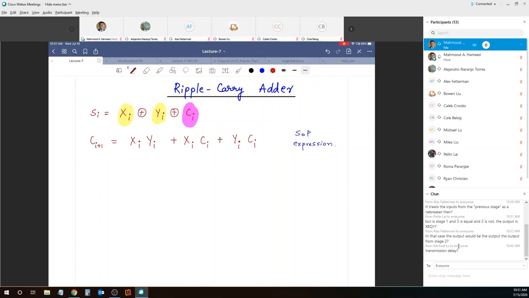Now clearly, if I'm waiting for C sub i plus 1, I need to wait for C sub i. I would need to wait for i minus 1, and for that I would need to wait for i minus 2, and so on. So that ripple, that carry will always slow me down. So let me write down the problem here.